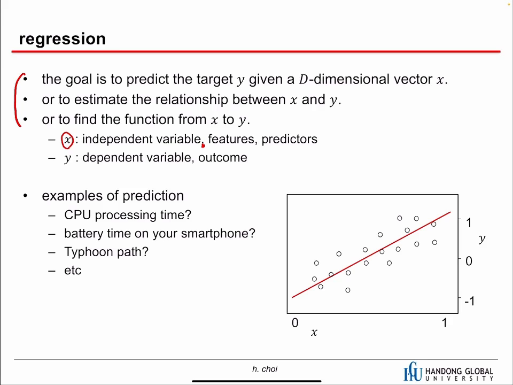We actually provide this direction first, which means we want to find the relationship from x to y, so we have x and we have y. It looks like a causal relationship, right? But regression analysis cannot find this kind of relationship. Actually, we provide this order.